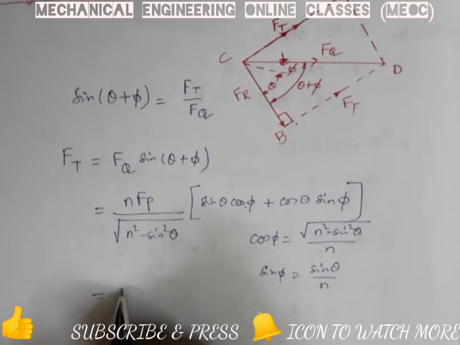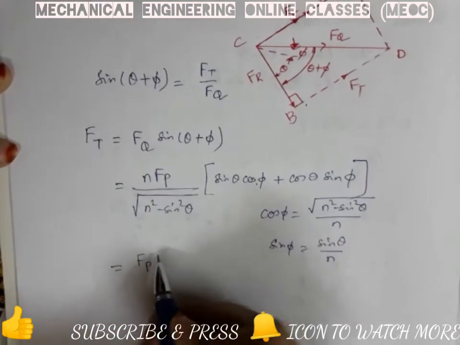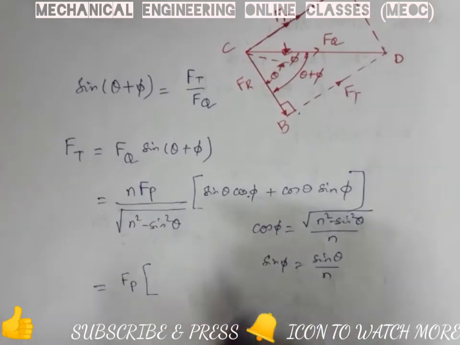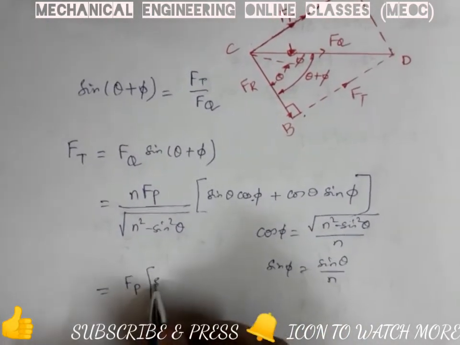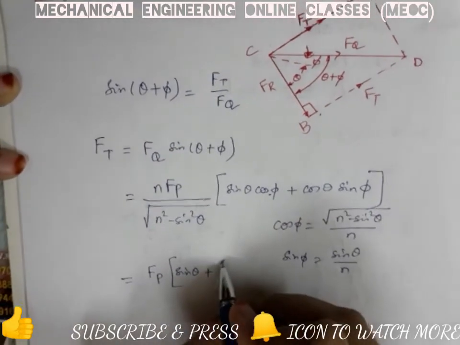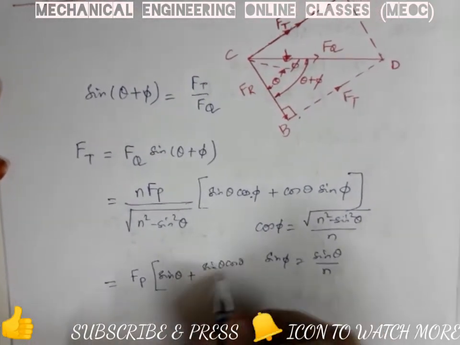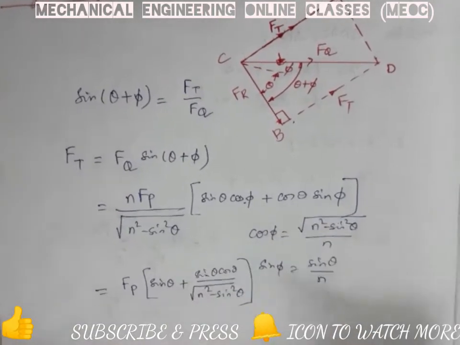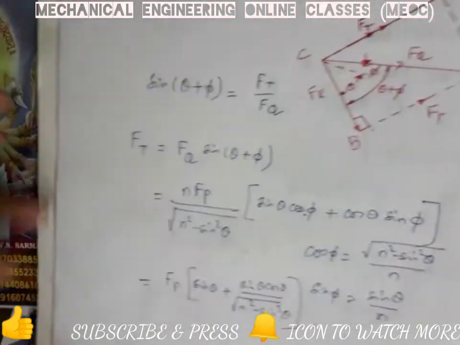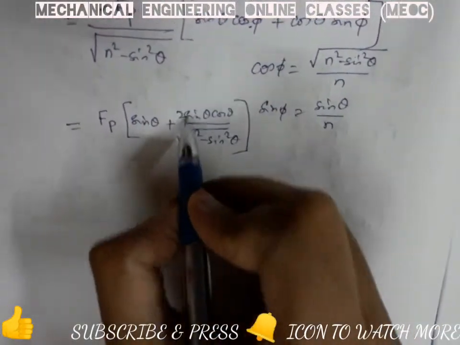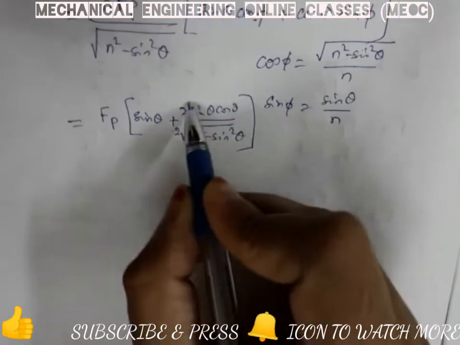So we can write this as Fp into, substituting this cos phi as this and sine phi as this, and simplifying them, we will have sine theta plus sine theta cos theta by root over n square minus sine square theta. Now we have sine theta into cos theta term here. I can multiply by 2 and divide by 2. I can write this as sine 2 theta.